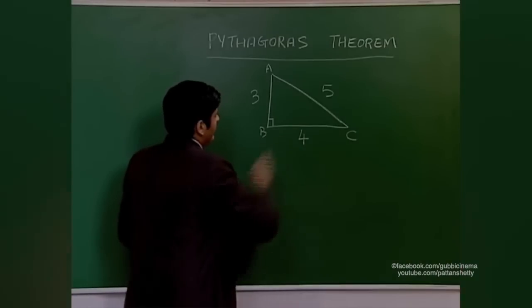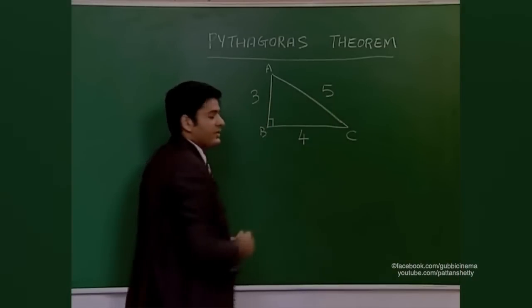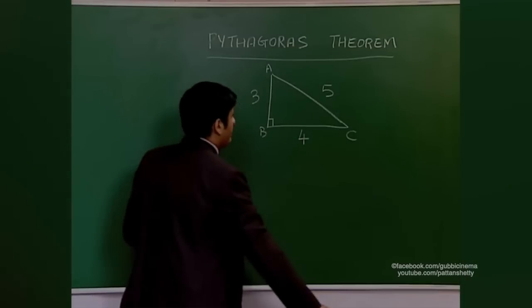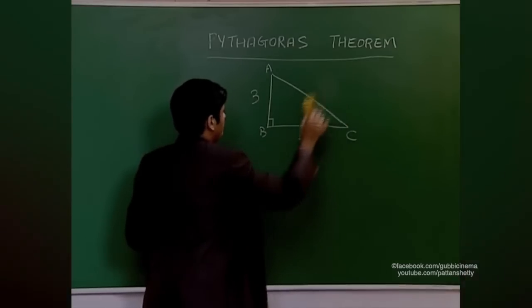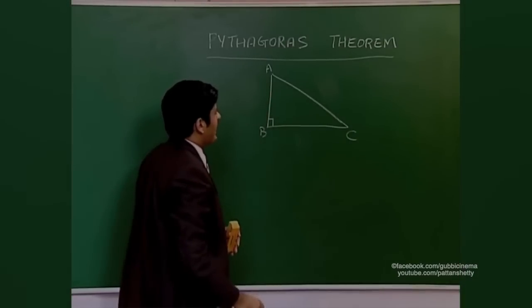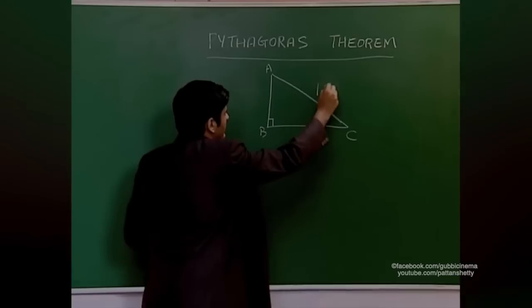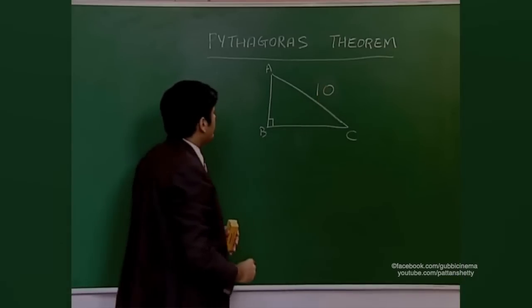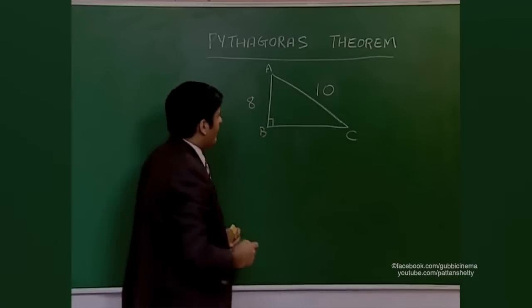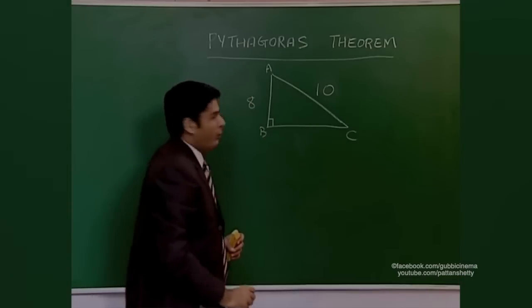Suppose if this and this side is given to me, I can find out this side. Let us see how that is done. Suppose I am given side AC is 10 units, side AB is 8 units, then I can find out side BC. How?